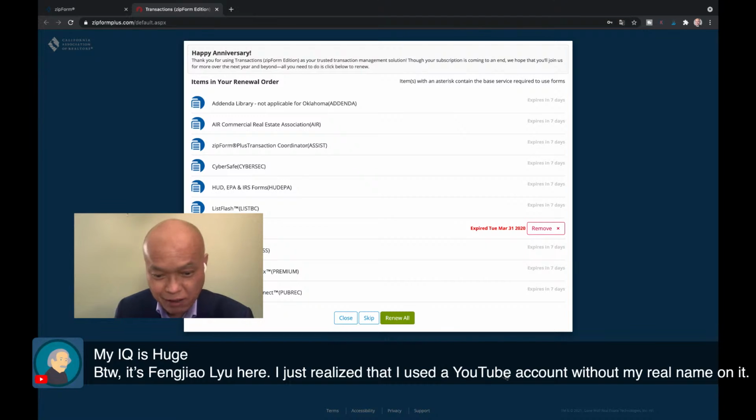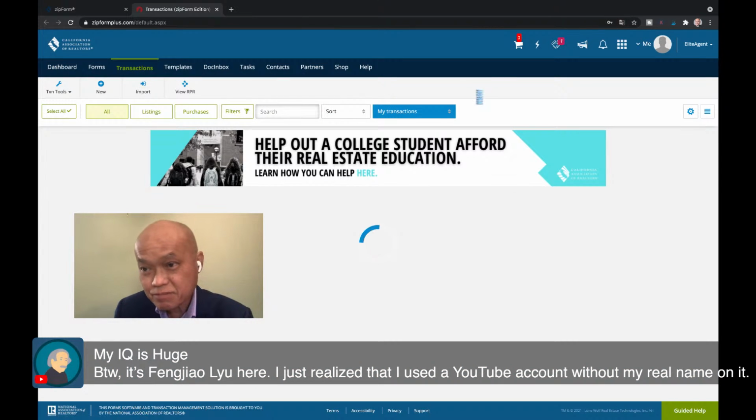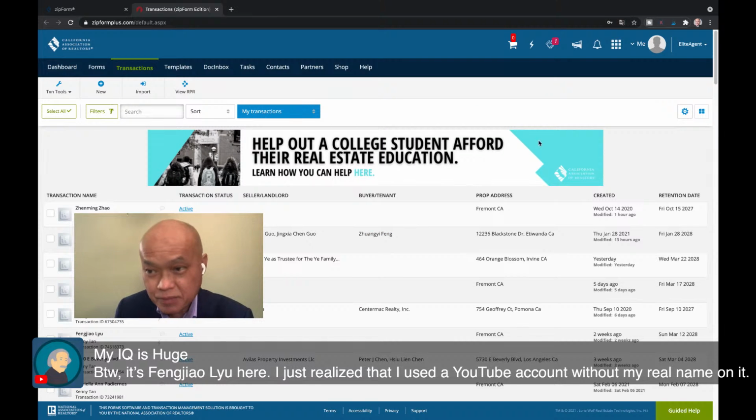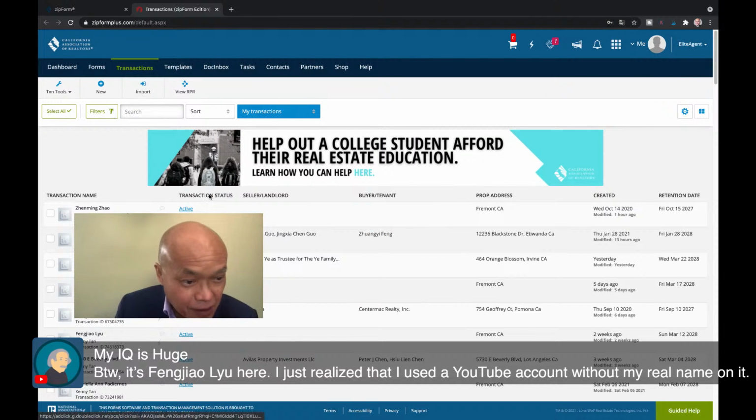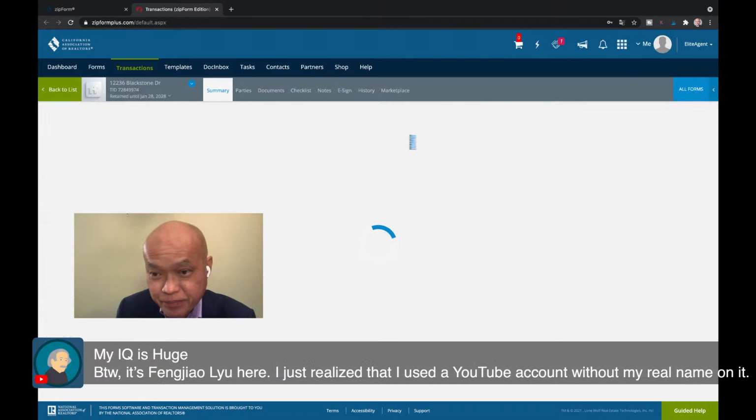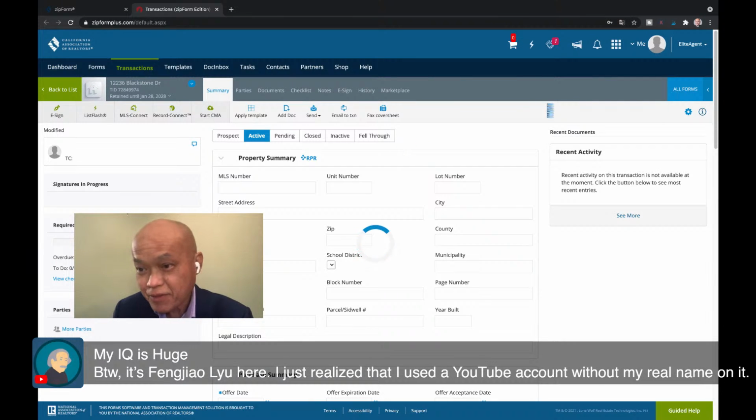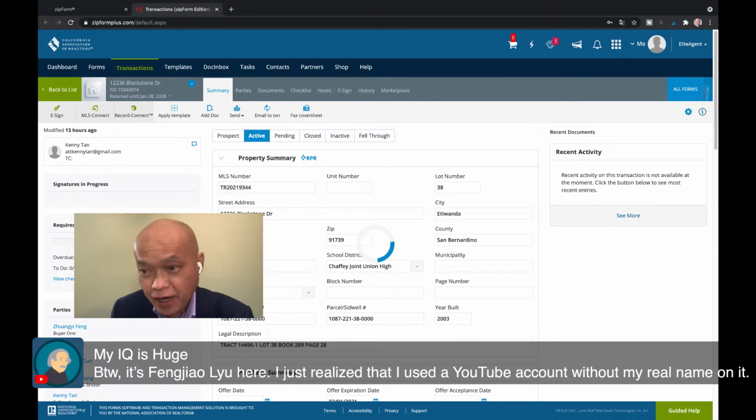All right, I'm just going to use any file because I'm not going to save the form. Okay. There are two forms you're going to need if you represent the buyer in the seller rent back situation.